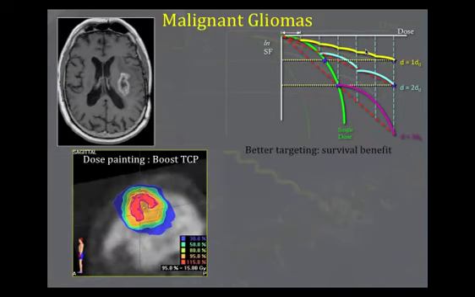And what about malignant gliomas? That's a different setting of lesions. Here you see that there are hypoxic cells. Therefore, fractionation is somewhat attractive to take care of this. On the other hand, if you really want to ablate because it's acutely proliferating tissue, you need to give a blasting dose of radiation.